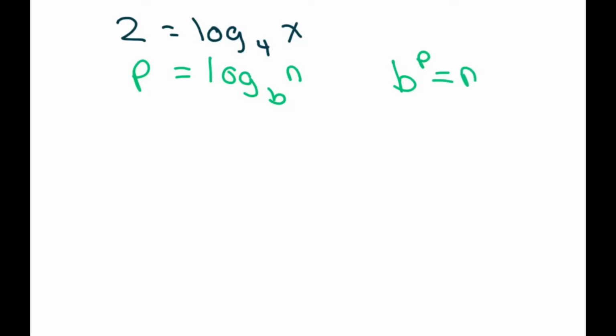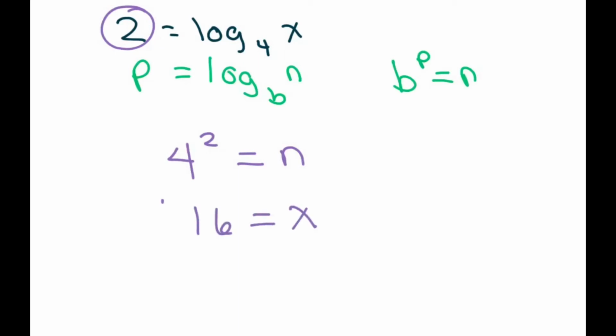Now my base is 4, so I write a 4. My power is 2, so I have 4 squared. And then my n is just n, or your x. So basically 16 is your x, and that's your answer.